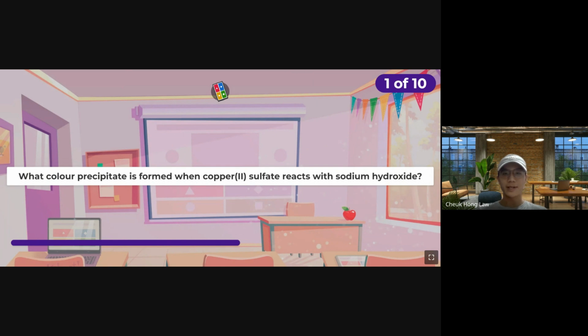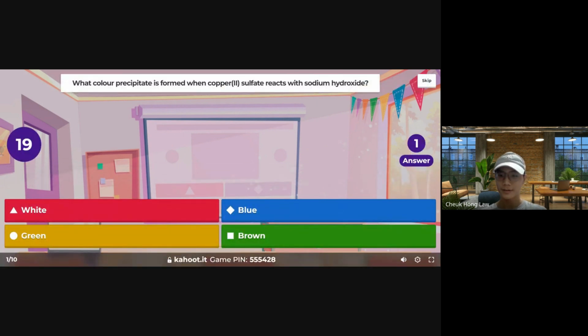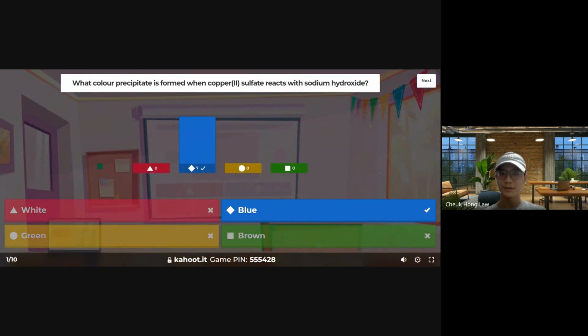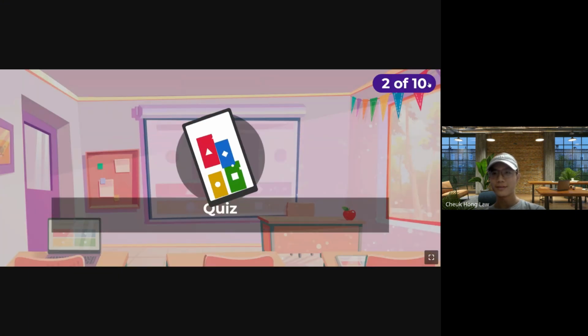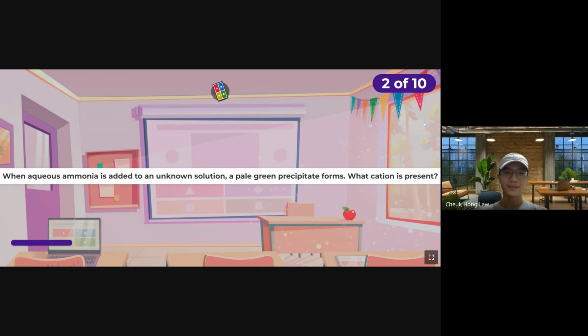What color precipitate is formed when copper 2 sulfate reacts with sodium hydroxide? Okay, all of you got it correct. Good job. When aqueous ammonia is added to an unknown solution, a pale green precipitate forms.